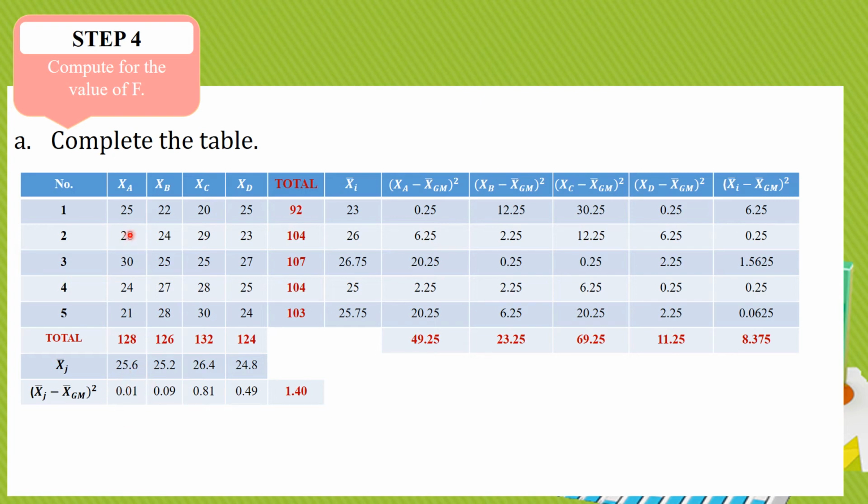For x bar sub a, which is equal to 25.6, we have 25.6 minus 25.5, squared, which is equal to 0.01. And the same process for this one, 0.09. We will just subtract 25.2 minus 25.5 and then square it, and then we will obtain this one. And the same for 0.81 and 0.49.